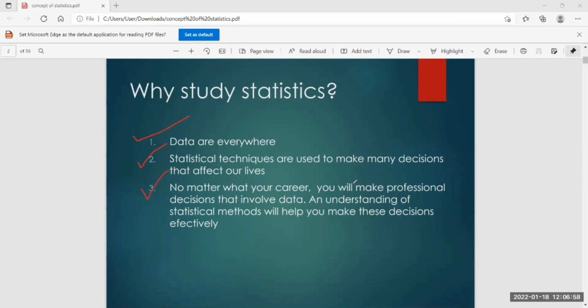No matter what the career is, everyone does numbers. And you will make professional decisions that involve data, and an understanding of statistical methods will help you make decisions effectively. That's why we are studying statistics.